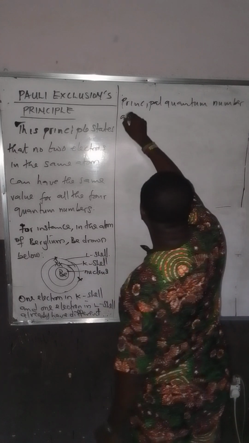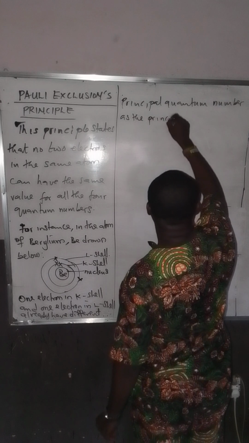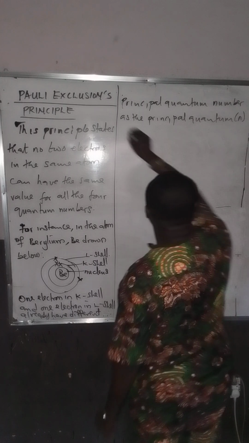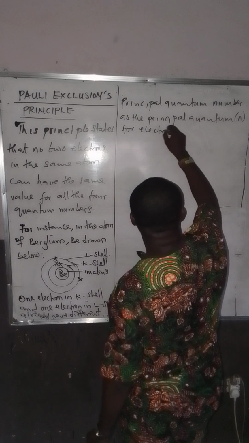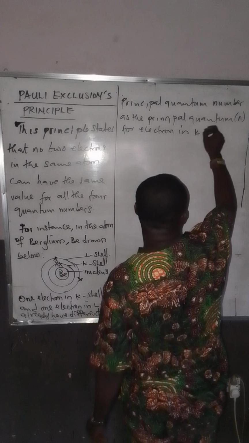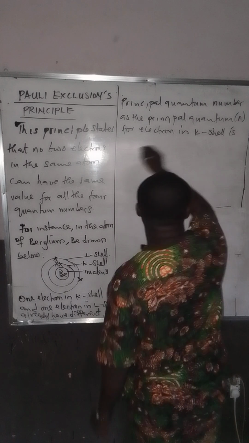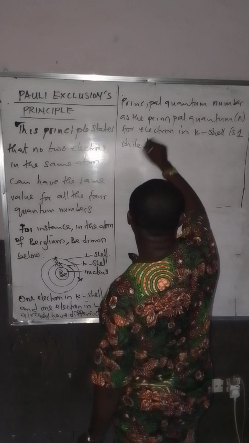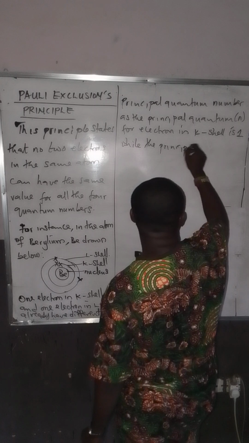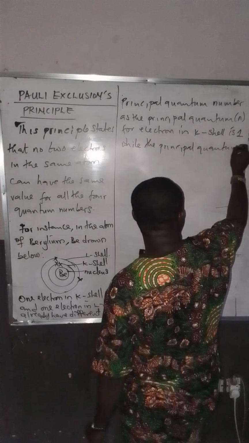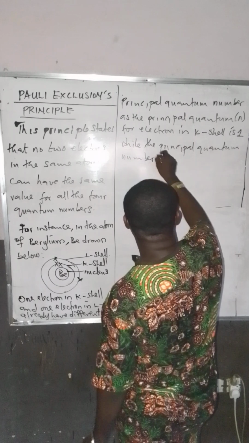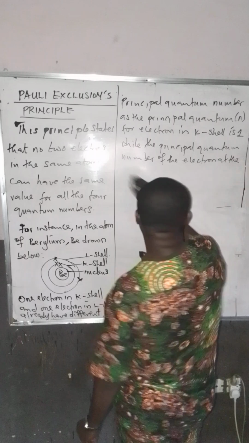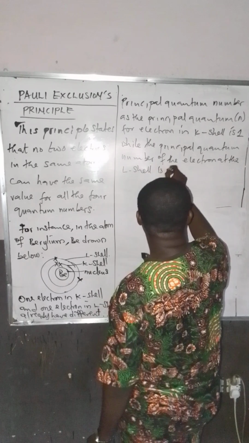Why? As the principal quantum number, small letter n, for the electron in the K shell is 1, while the principal quantum number for the electron in the L shell is 2.